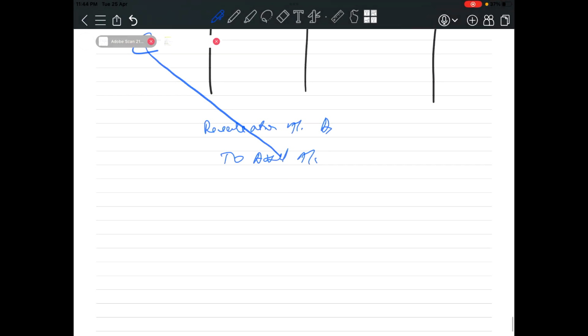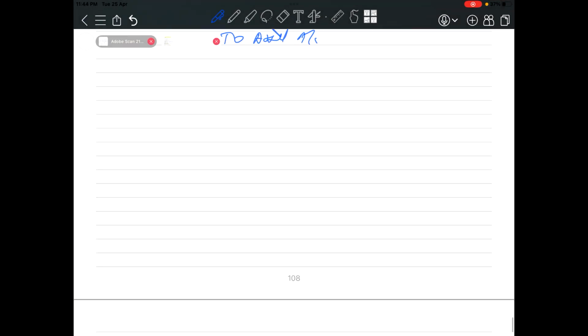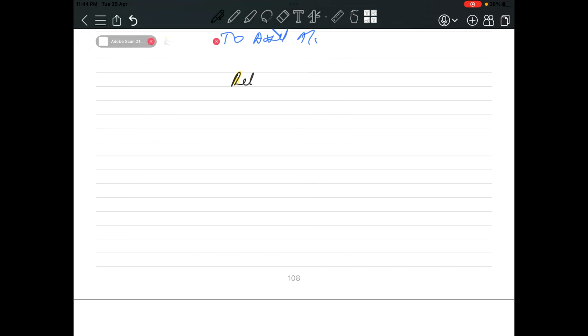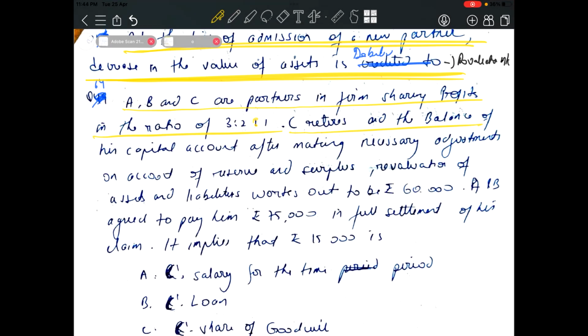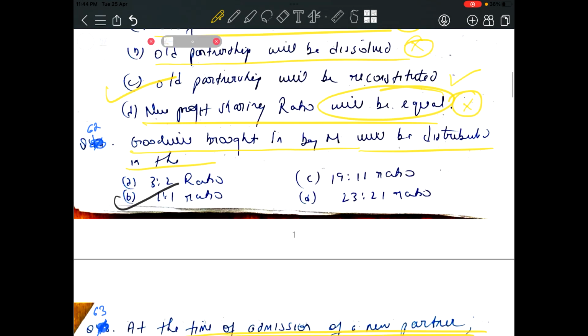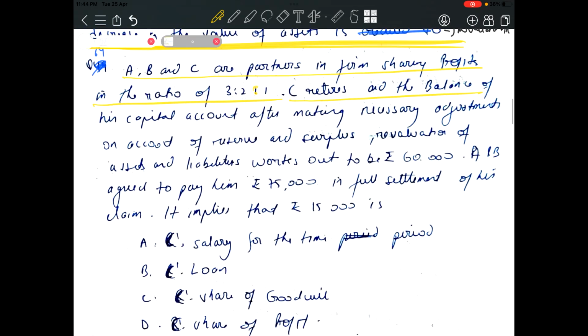Now we are done with admission, so let's see the case of retirement, when a partner is retiring. Retirement of a partner.